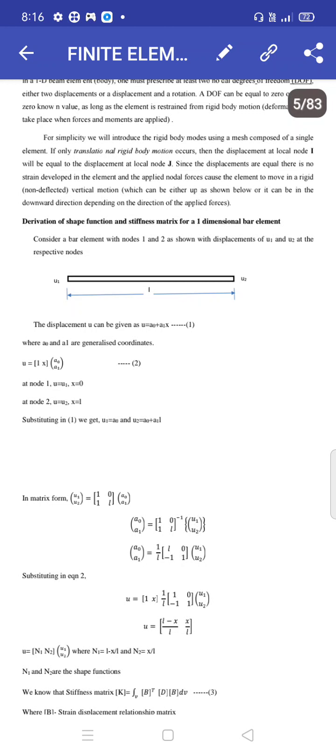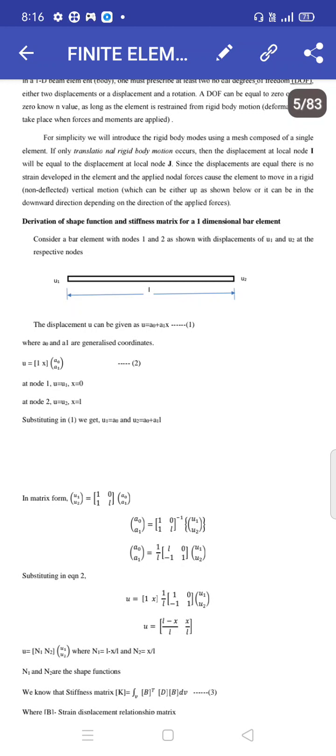Substituting in my equation 1, we convert into matrix form: u1, u2 equals the matrix [1, 0; 1, L] times the vector a0, a1. So the a0, a1 vector is equal to the inverse of the matrix [1, 0; 1, L].